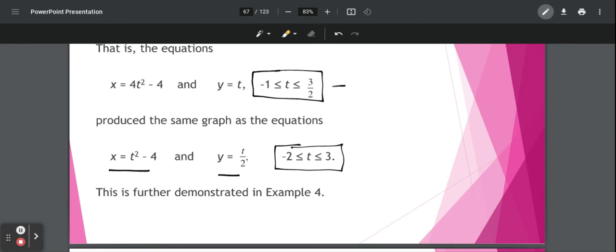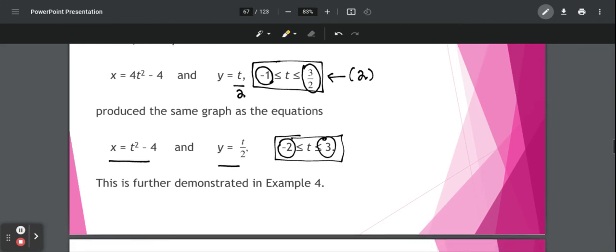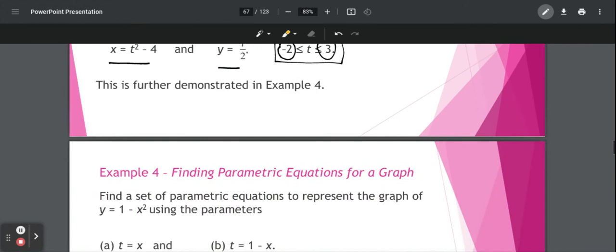With this one, if you were to multiply this parameter by 2, so if we multiply negative 1 by 2, we get negative 2, and if we multiply 3 halves by 2, we would get 3, right? So if we multiply by 2, and then divide by 2, you would end up with those same equations.